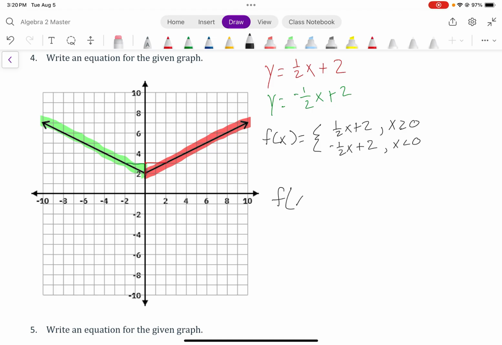I would write my absolute value notation, noticing that these have the same but opposite slopes, so I'm going to write it as the absolute value of 1/2 x, and then I'm having a plus 2 after the fact. That plus 2 is the same in both things, meaning I didn't have that inside of my absolute value symbol.